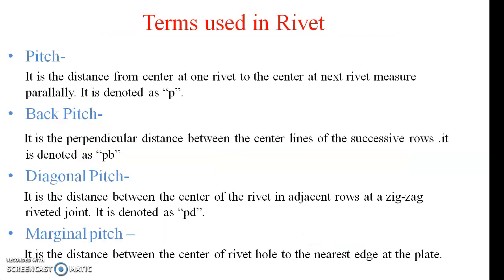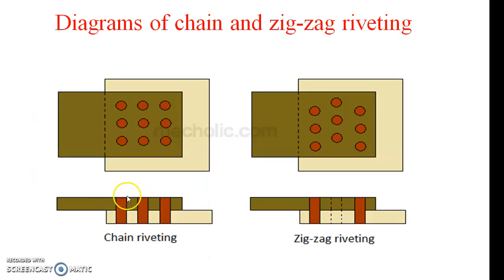Next is marginal pitch. It is the distance between the center of the rivet hole to the nearest edge of the plate. So suppose this is a chain riveting, or suppose it is the zigzag riveting. Marginal pitch is always measured for the first row and the last row.